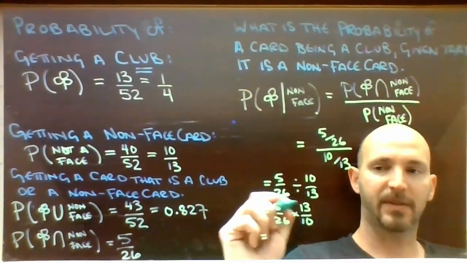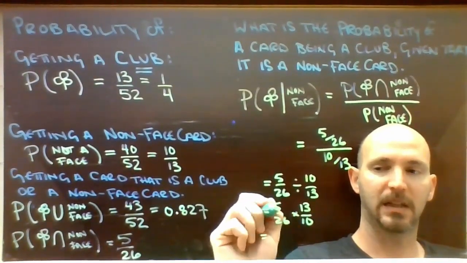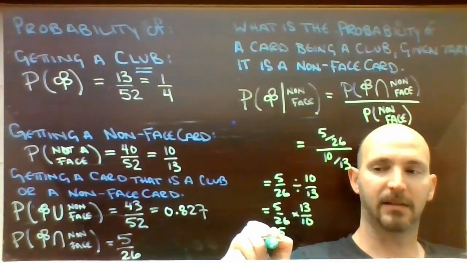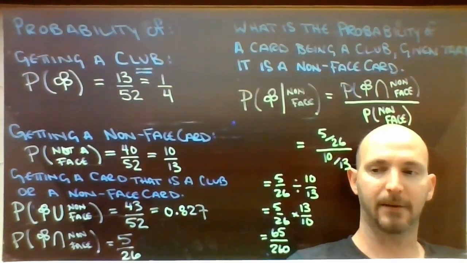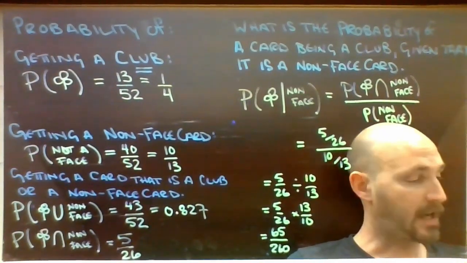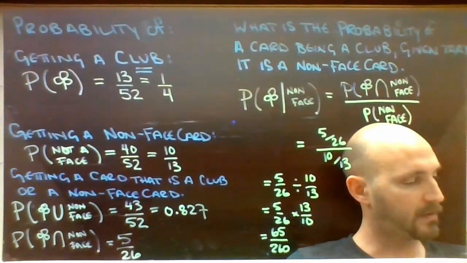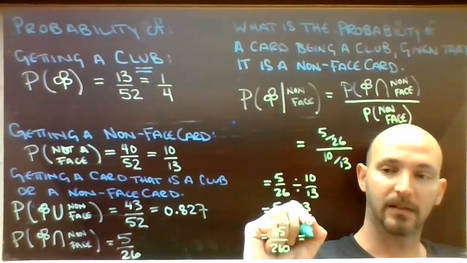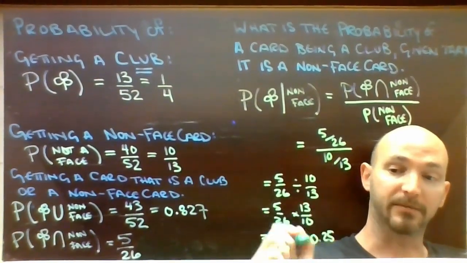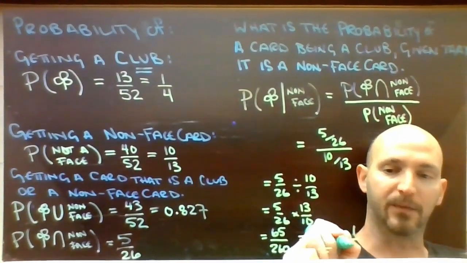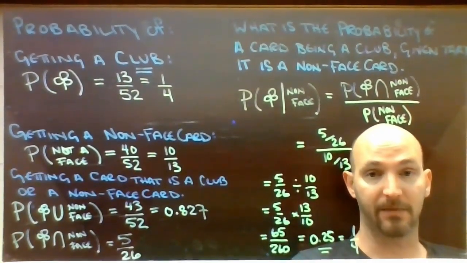Well, 5 times 13 is 65, and 26 times 10 is 260. Now if we were to take a calculator and give that a try, 65 divided by 260 is 0.25. Curious. And that happens to be 1 out of 4, which is the answer we'd already arrived at.